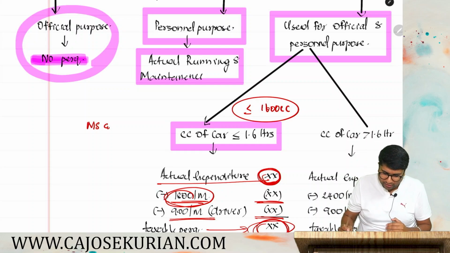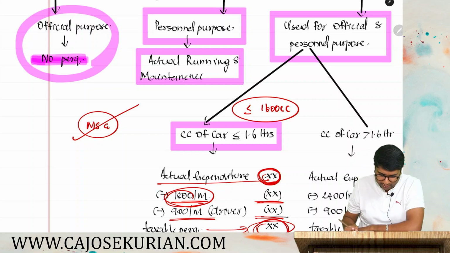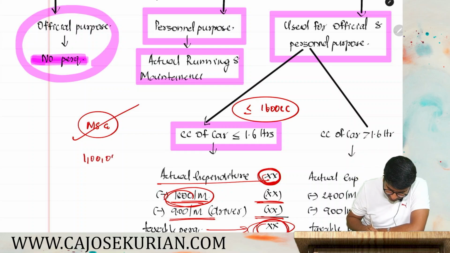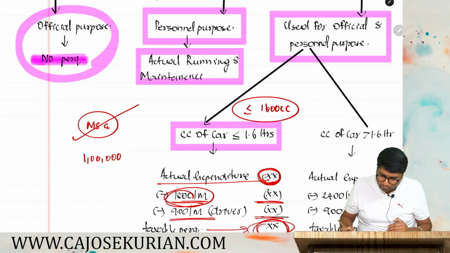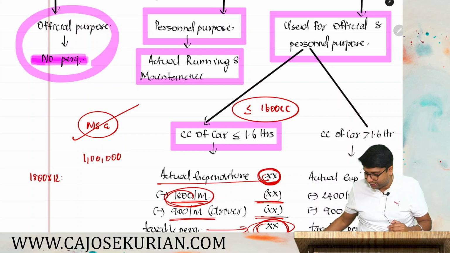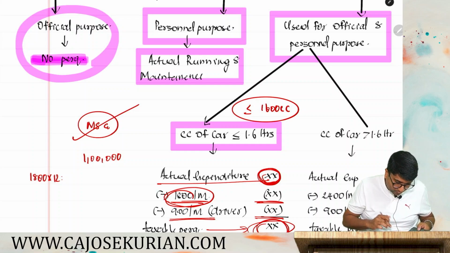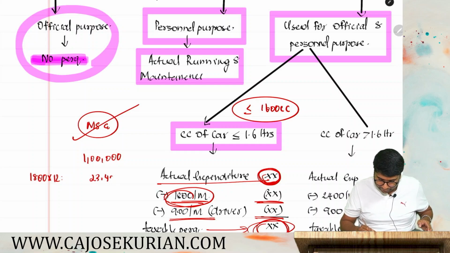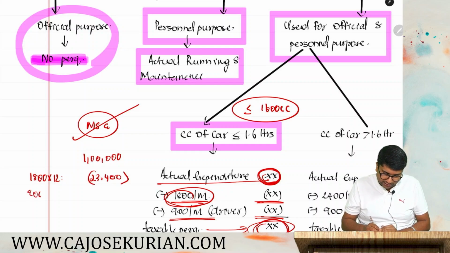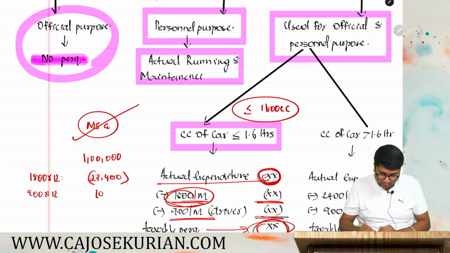For example, I own a Maruti Suzuki Swift, the maintenance and running charges are met by my employer, and the entire charges for a year are 1 lakh. How do we compute the taxable value of perquisite? For the entire year, I have to deduct 1800 into 12 months, which is 21,600. If a driver is also there, 900 into 12, which is 10,800.